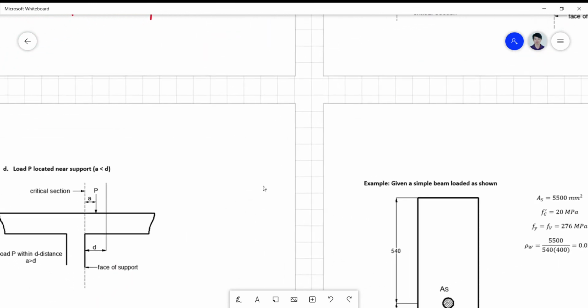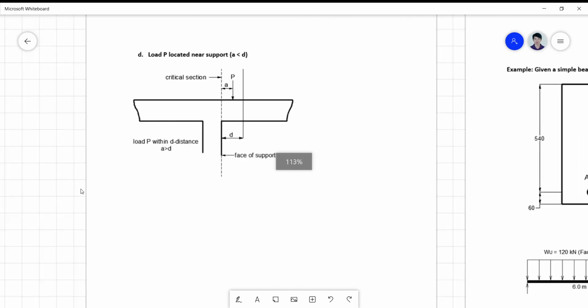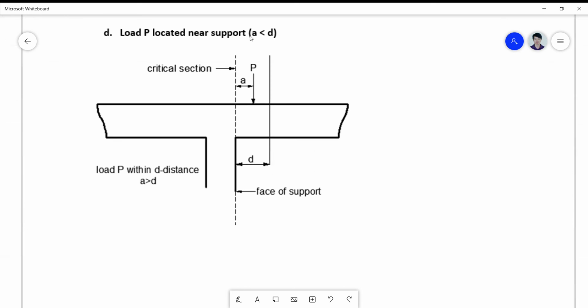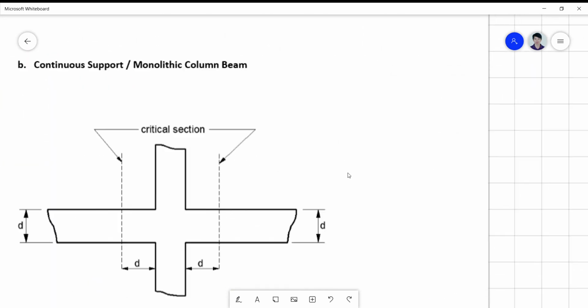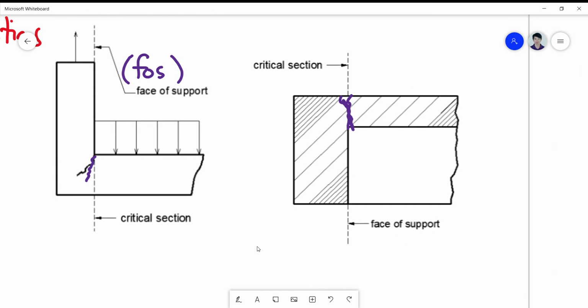So for loads located very near the support, where the location is within the d distance, a less than d, then your critical section is also at the face of the support. So take note of FOS. This is also an FOS here.